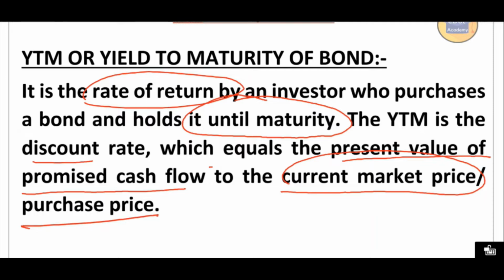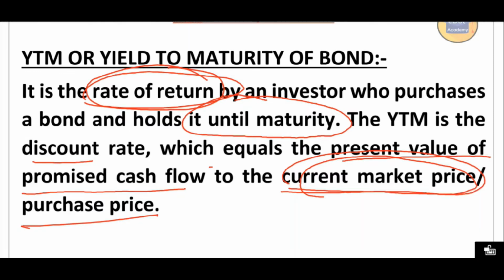Whether the bond is purchased from the market or anywhere else, whatever the market price is, on that only we will calculate the rate of return. Okay, I'll make it more clear.